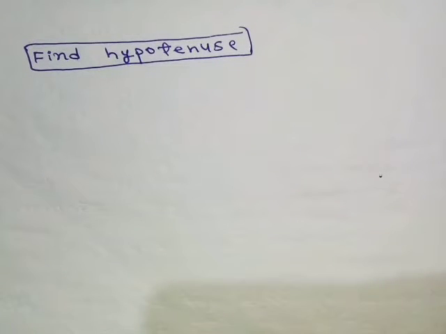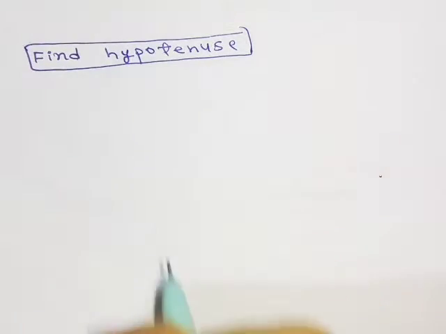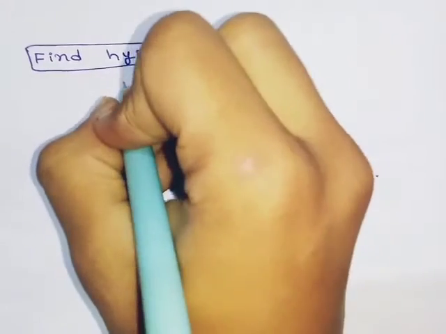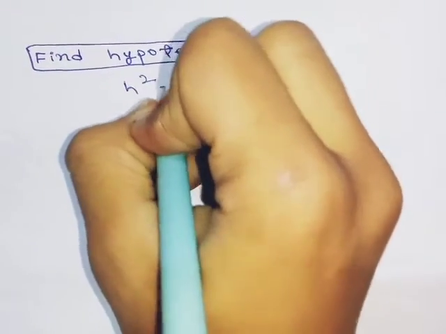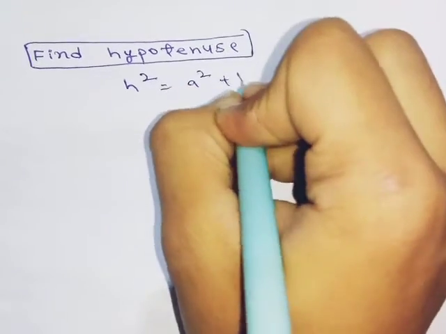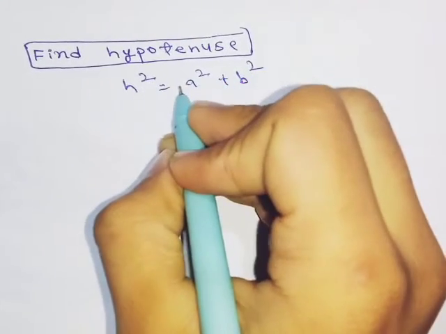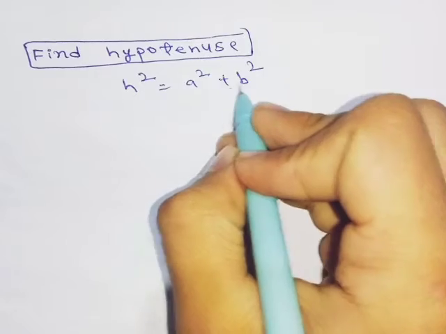Now let us do a question with this formula. The formula of Pythagoras theorem is h square equals a square plus b square, that is, hypotenuse square is equal to altitude square plus base square.